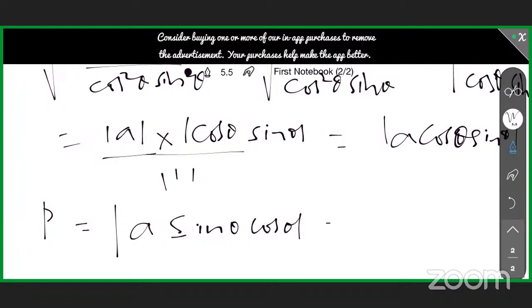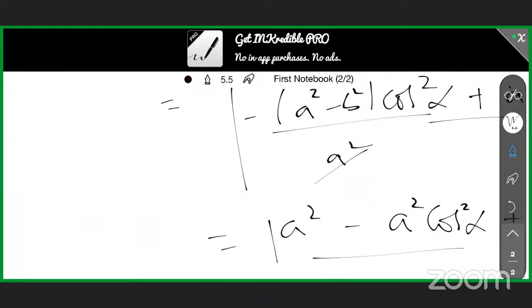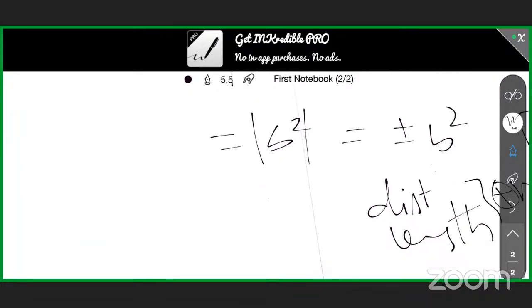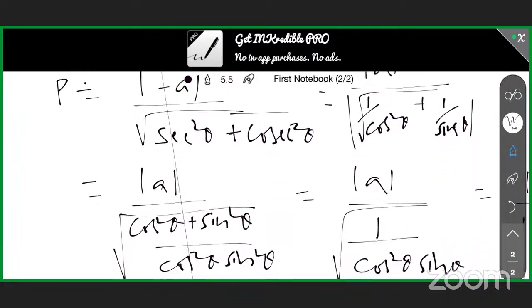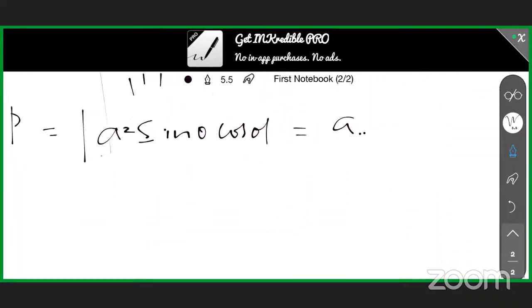If I simplify this, this is nothing but A by 2. I multiply and divide by 2, so I will get 2 sin theta into cos theta. That is the formula of the multiple angle, sin 2 theta. So my P value is equal to A by 2 into sin 2 theta.